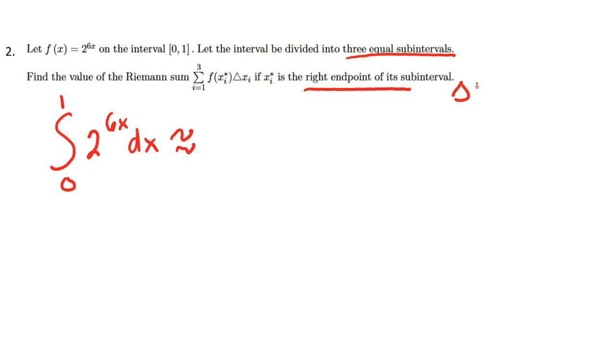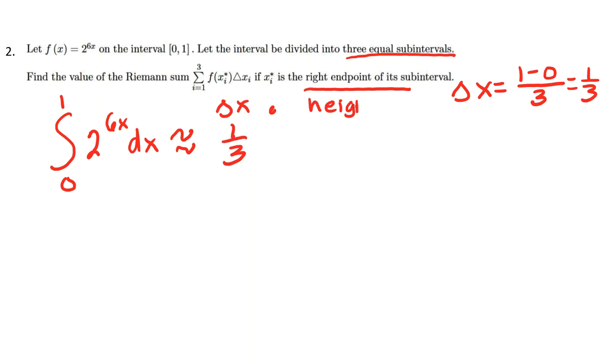So I guess I should stop and find my delta x value. Our b minus a, we're going from 0 to 1, and we're dividing it into 3 rectangles. So our delta x for our base is 1/3, and then we need to multiply times the heights of each of the rectangles.